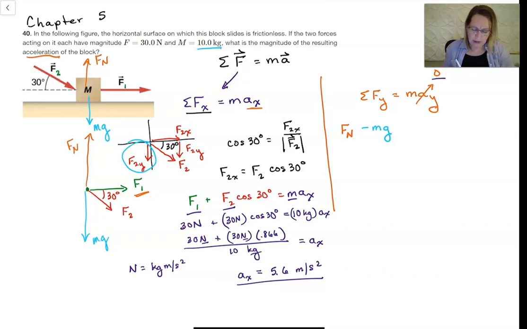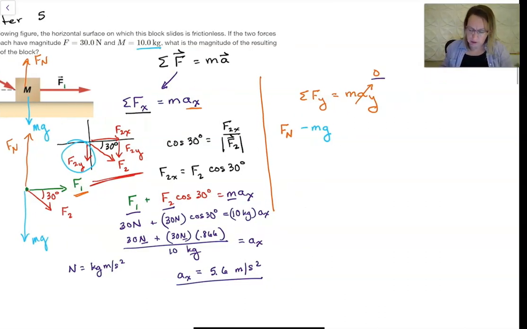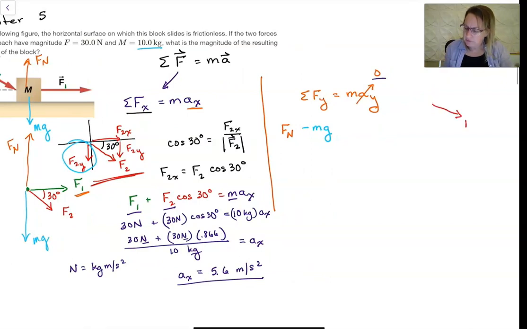I'll redraw it over here. Here's my F2, this is F2y, and this is theta. F2y is equal to F2 sine of theta, because sine of the angle is the opposite over the hypotenuse. It's pointed down, so I'm going to say minus F2 sine of 30 degrees is equal to 0.